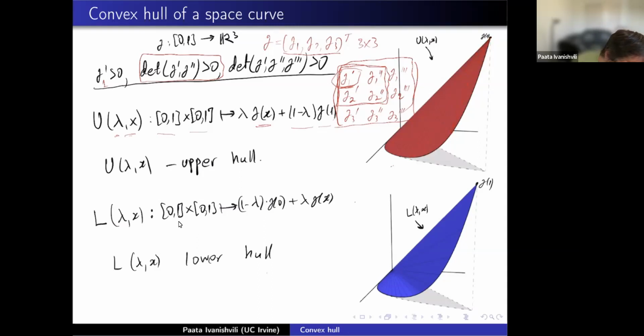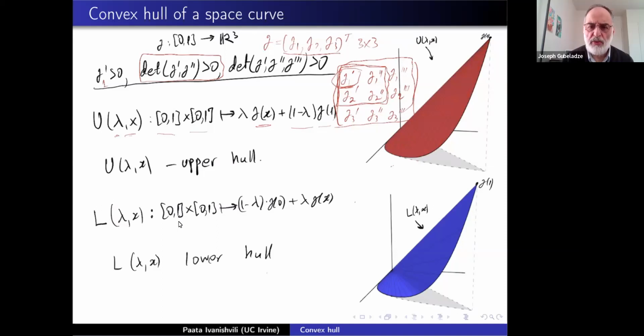What this map on the picture shows is that you're joining this endpoint to all points of the curve. And the claim is that this surface, it parameterizes exactly the upper hull, the upper boundary of the convex hull of the space curve.